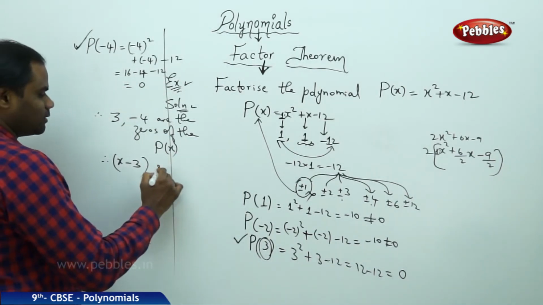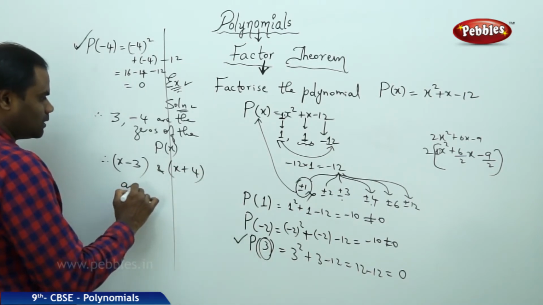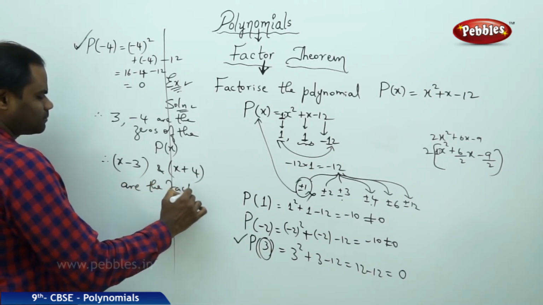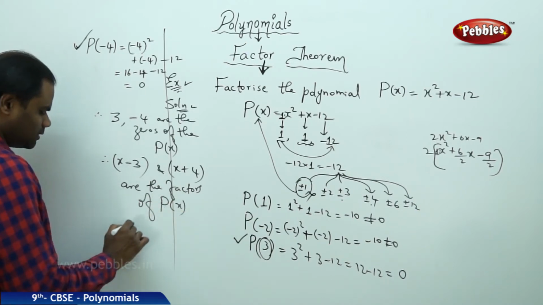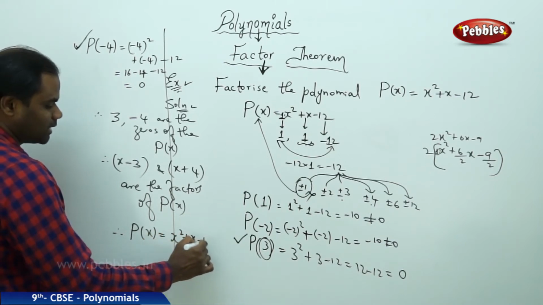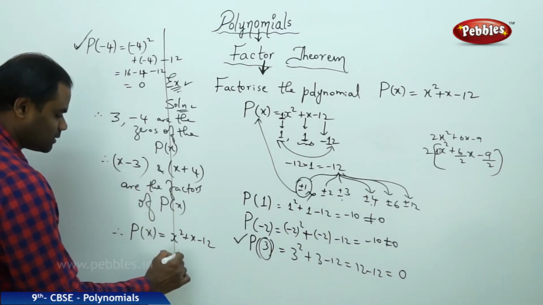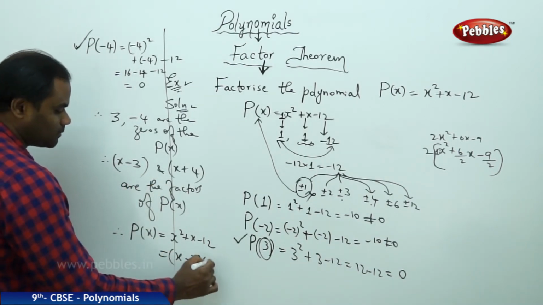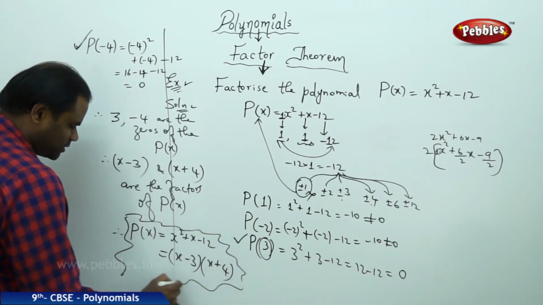So x minus 3 and x minus of minus 4, that is x plus 4, are the factors of p of x. Therefore, my p of x, which is x squared plus x minus 12, can be written as the product of the factors x minus 3 into x plus 4.